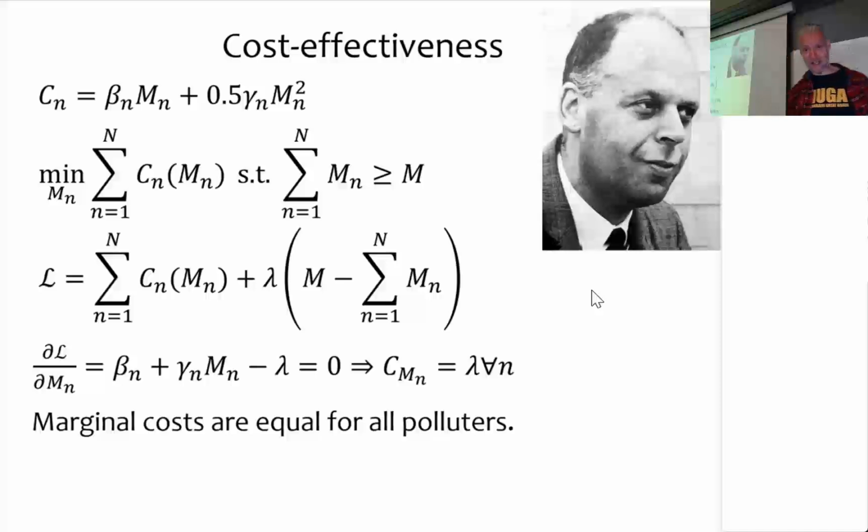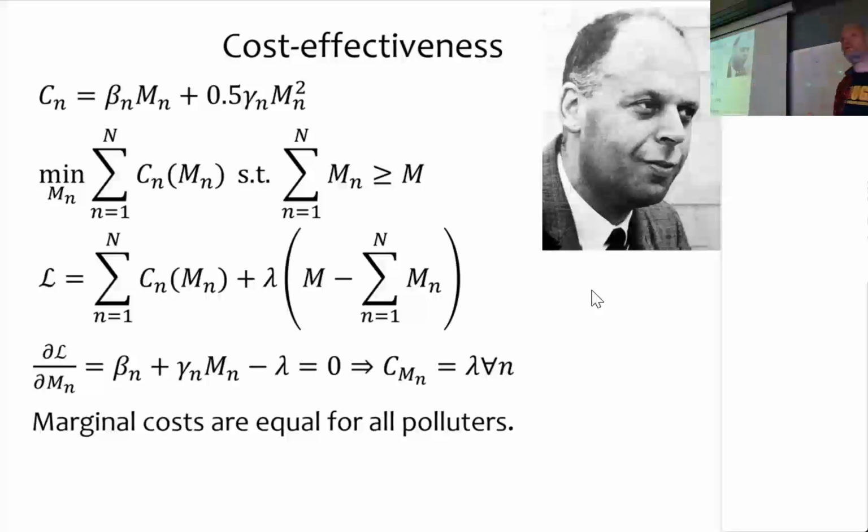And the analysis here goes back to William Baumol, who you see here. Let's suppose that we have n polluters, and we subscript that by n, and they all have a cost function of emission reduction, where m stands for emission reduction. That is a second order polynomial: beta m plus 1/2 times gamma n m squared. So you have a cost curve that looks something like this.